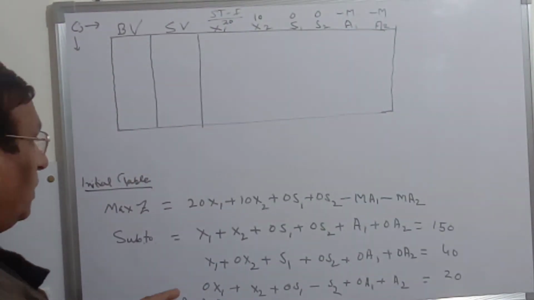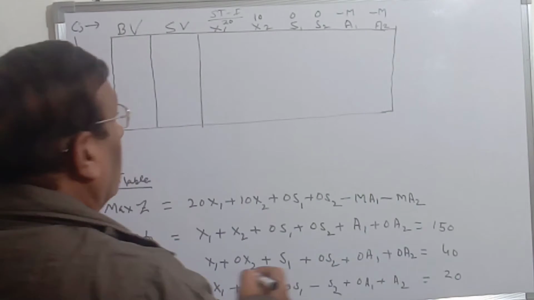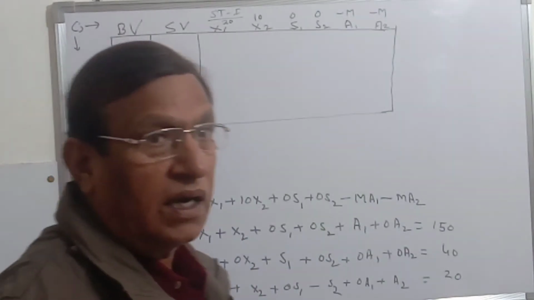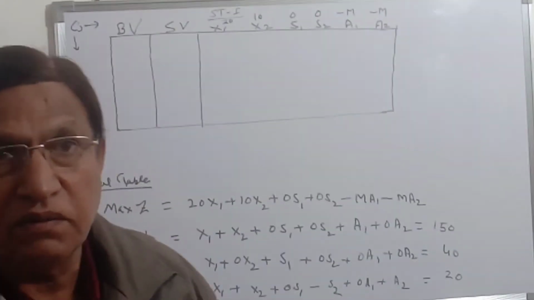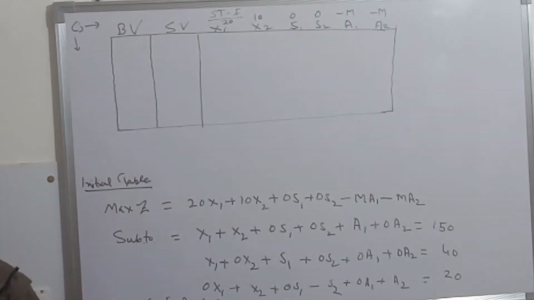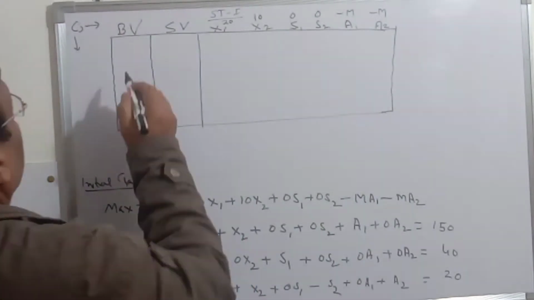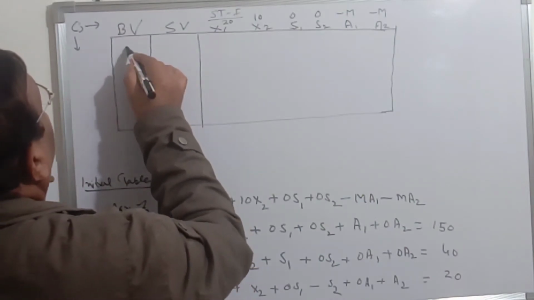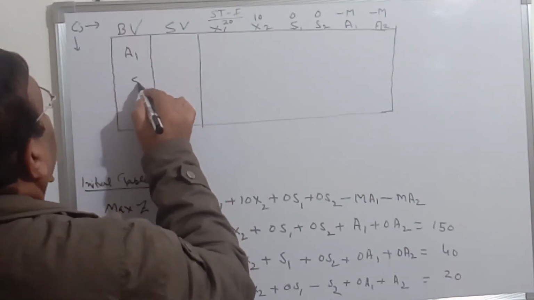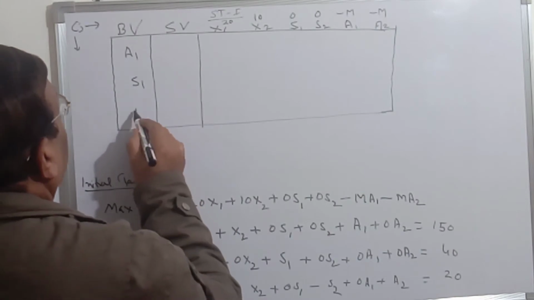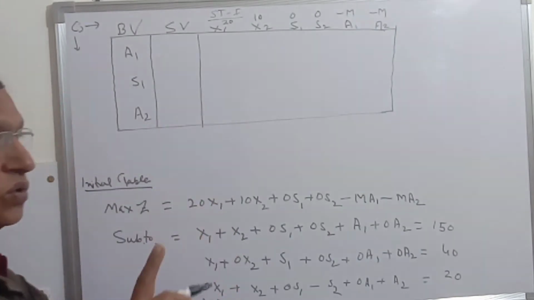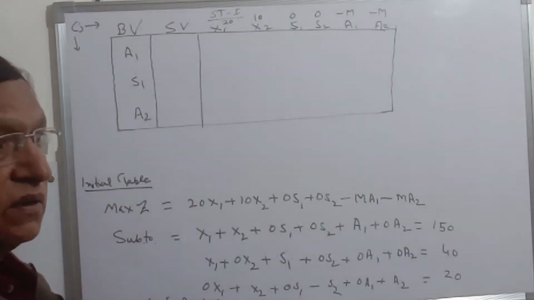Now the basic variable in the first equation is a1. Artificial variables and slack variables are basic variables. So in the first equation it is a1, second it is s1, third it is a2. s2 is not a basic variable.